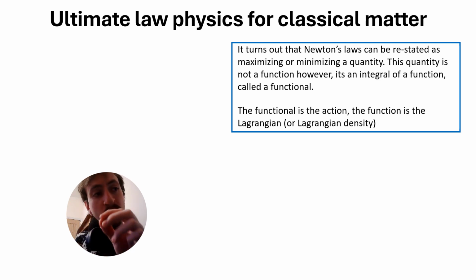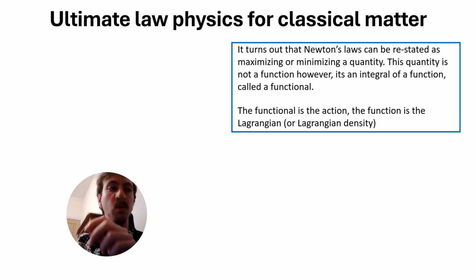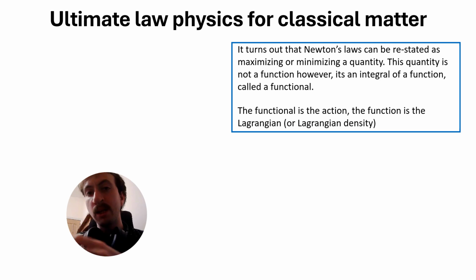It's an integral of a function. Now we call integrals of functions functionals, and the functional that provides the classical equations of motion is called the action. And the thing this functional, the action, is an integral of is the Lagrangian.